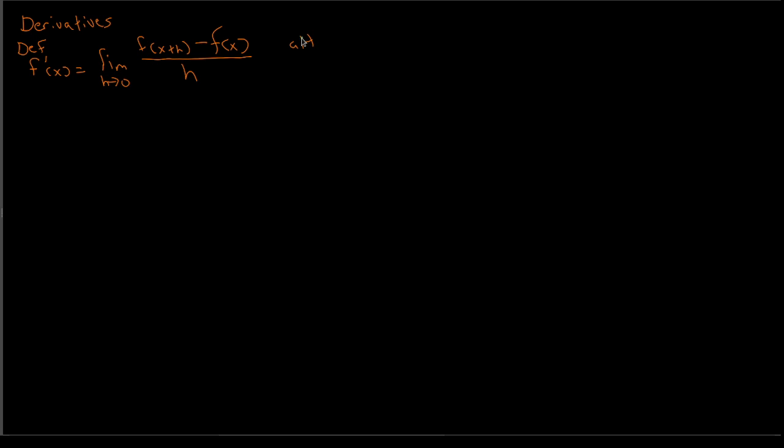And we also have an alternative form where f prime of x is equal to the limit as z approaches x of f of z minus f of x over z minus x. And we note that h is equal to z minus x. And so these are the two definitions that we might turn to.